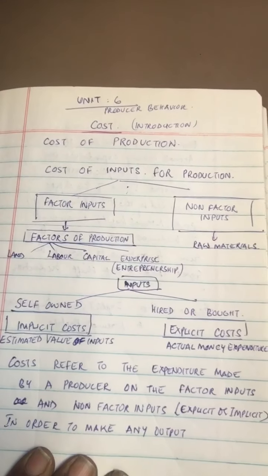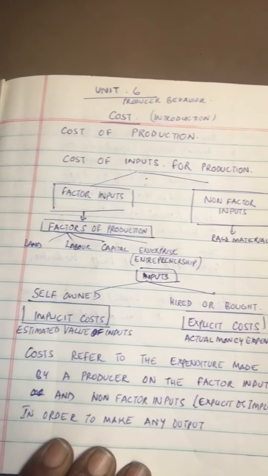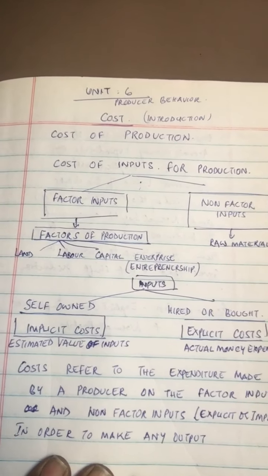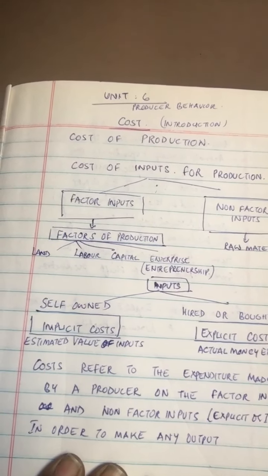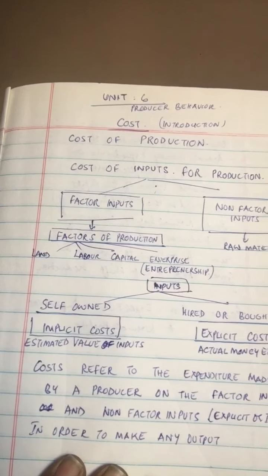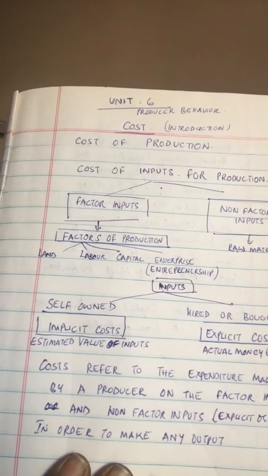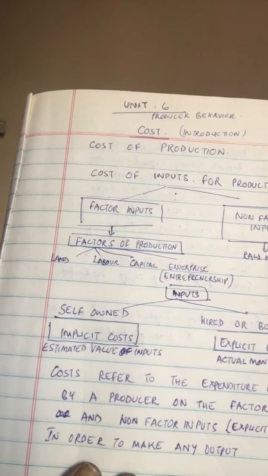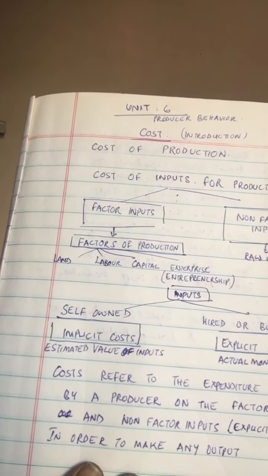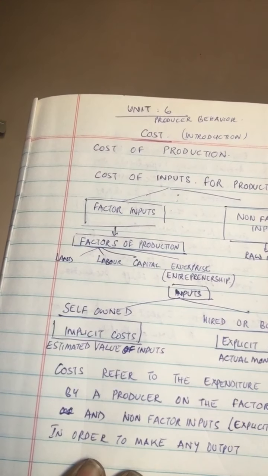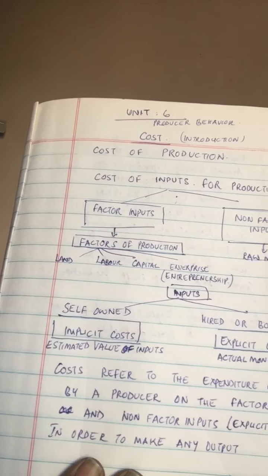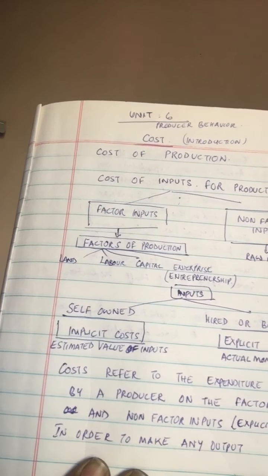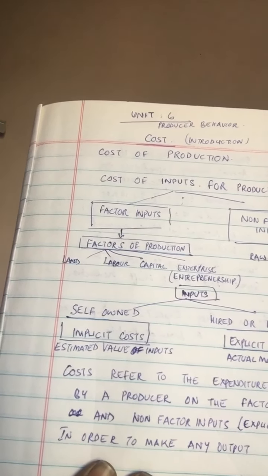So here we go. You can see that when you're doing concept of cost, we are doing producer's behavior. We are talking about how he has to buy or hire, purchase or hire factors of production, that is inputs. So we call them explicit costs, and we'll also talk about implicit costs. Now look here.